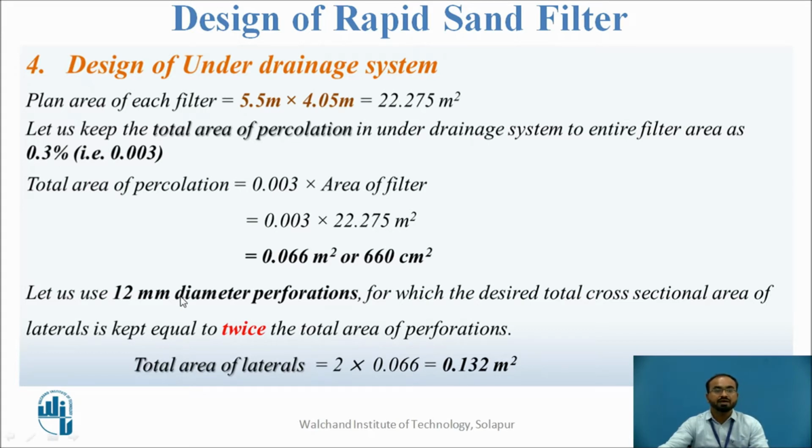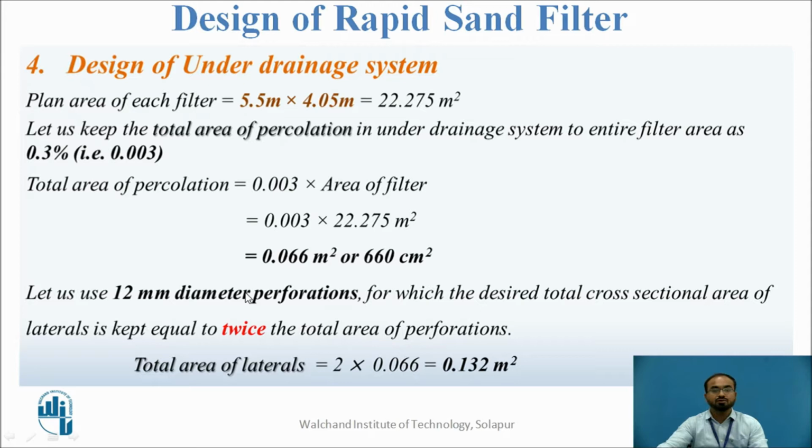So the total area of perforation will be 0.003 multiplied by the area of filter, 0.003 multiplied by 22.275 meter square, and it will come to about 660 centimeter square. This is the total area of perforation. We will assume nearly 12 mm diameter of perforations.